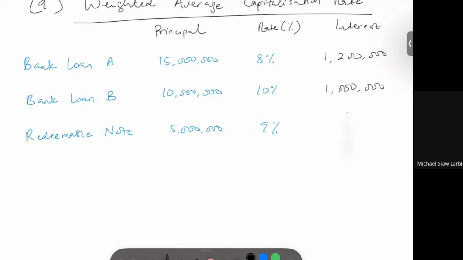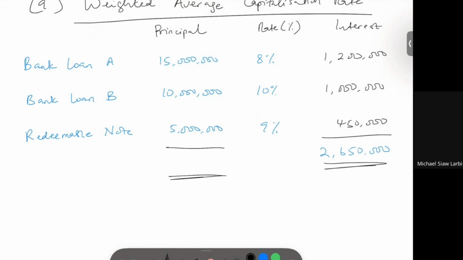Then 9% of 5 million is 450,000. So when you sum 1.2 million, 1 million and 450,000, that should be 2,650. Then you find the total of your principal: 15 plus 10 is 25 plus 5 is 30. So this is 30 million.